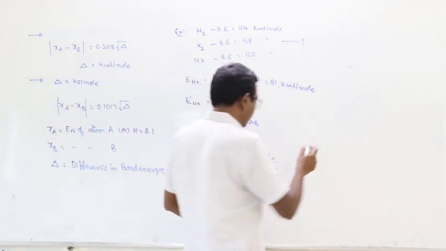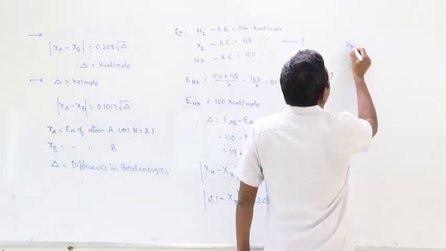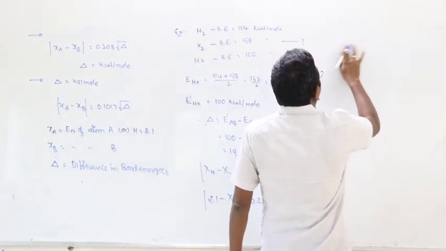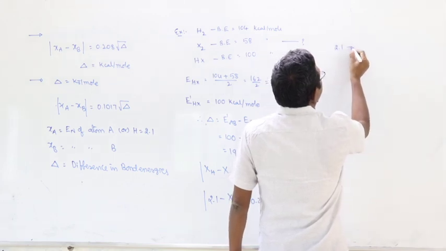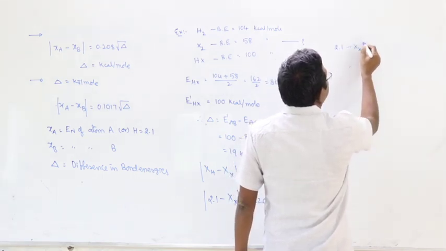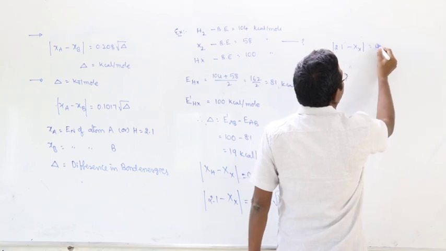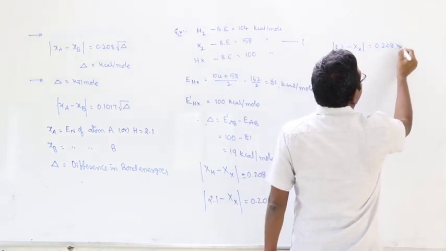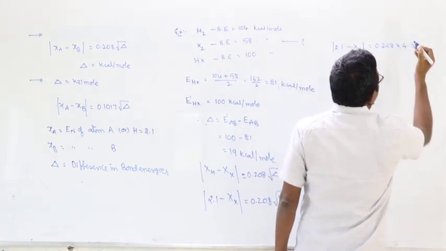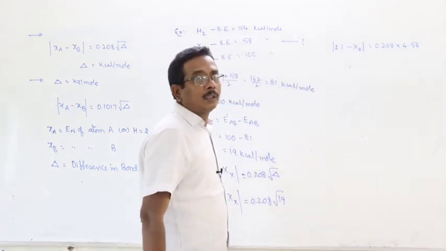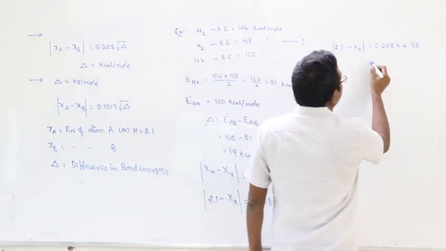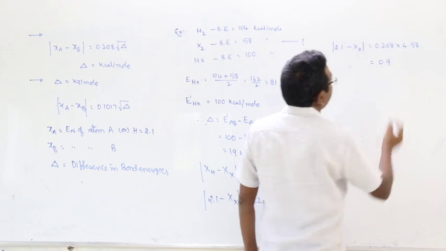From that, 2.1 minus XX modulus is equal to 0.208 into 4.58. That is equal to totally 0.9.